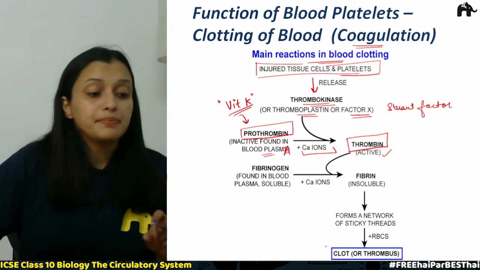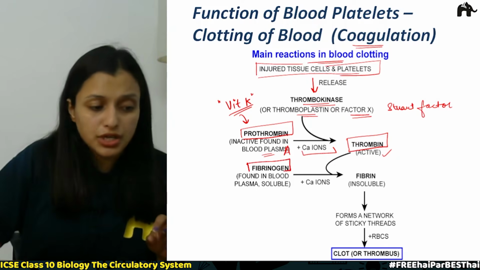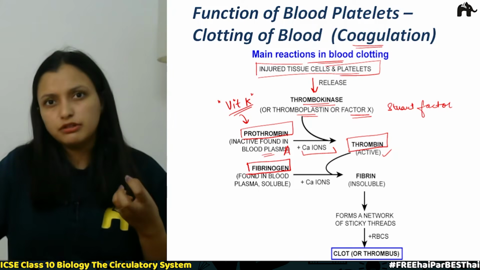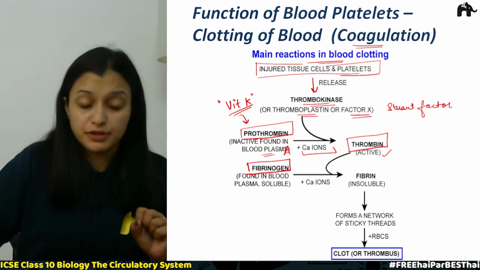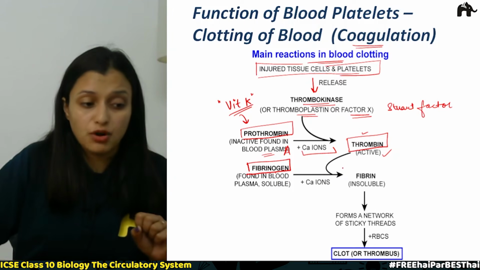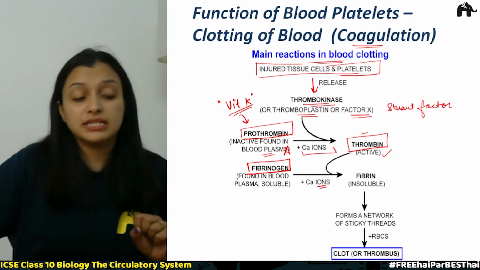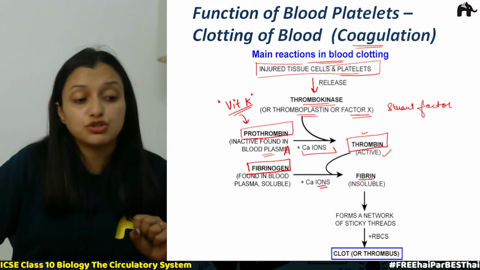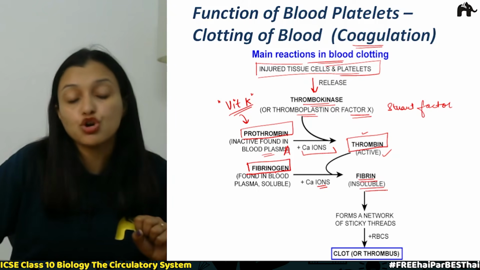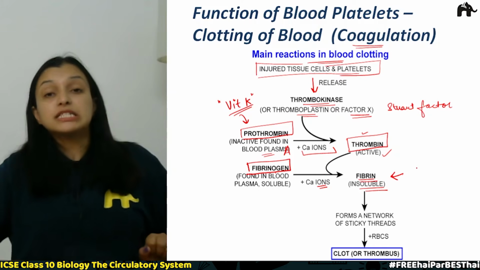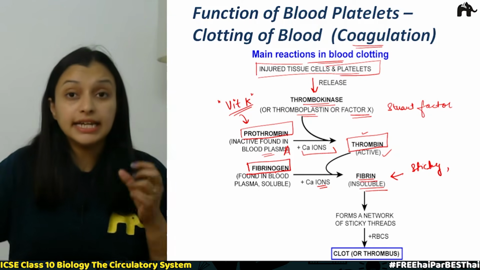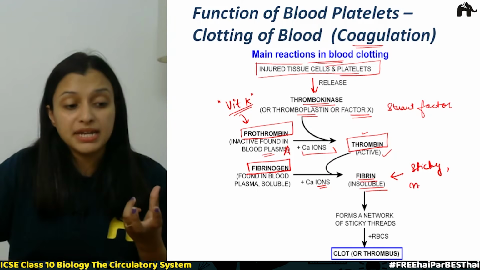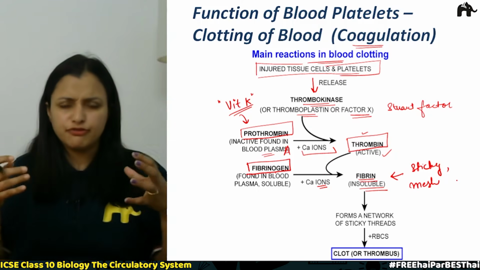Now in the next step, fibrinogen, which is a soluble form in blood plasma, in the presence of thrombin along with the calcium ions, is converted into fibrin, which is insoluble, right? Now this fibrin is very sticky, and it forms a mesh-like structure, a network.